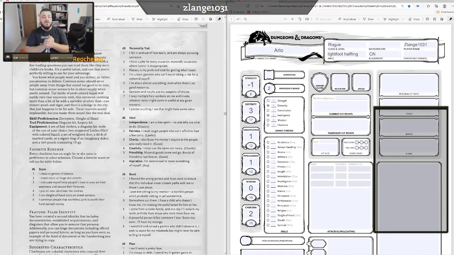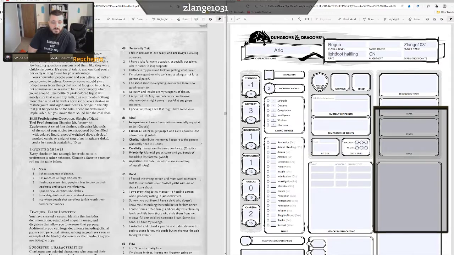Tool proficiencies. Proficient with the disguise kit and the forgery kit. You can make anyone look like, within reason, obviously. Like, you can't have a halfling look like a Goliath or half-orc. Maybe a child one, but not a full-grown one.